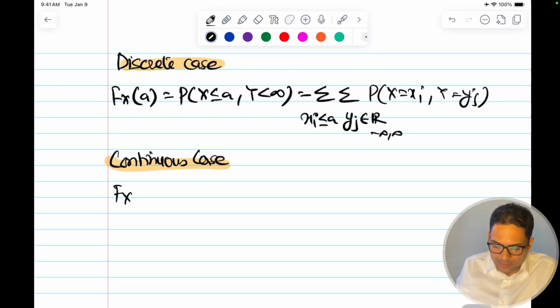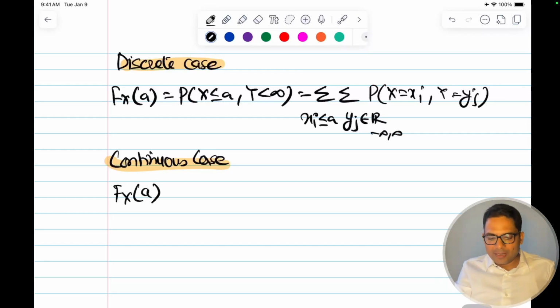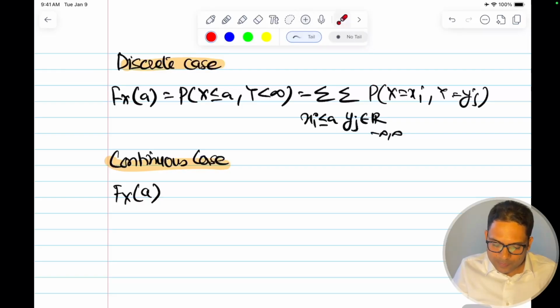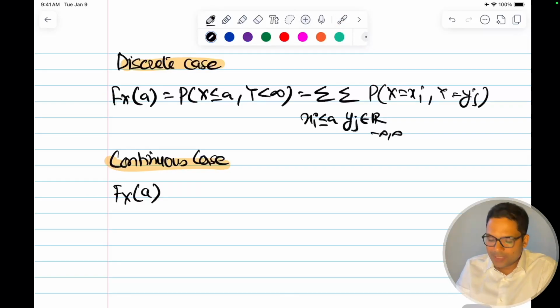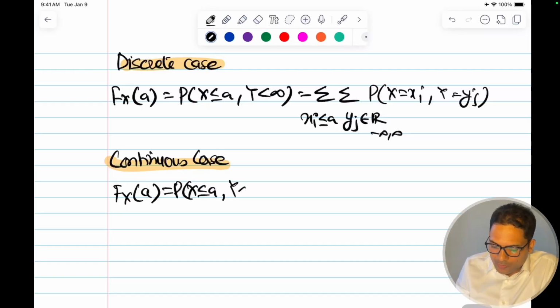So what will be the value? Capital F is always CDF. This capital F is CDF, again F of x is CDF. What will be the value? Similar thing, x less than or equal to a, comma, y less than infinity.